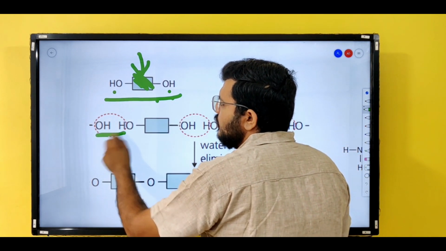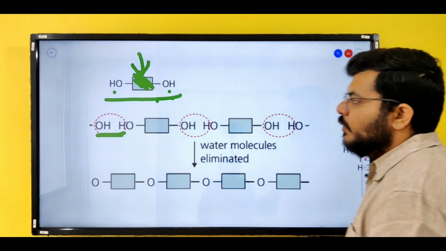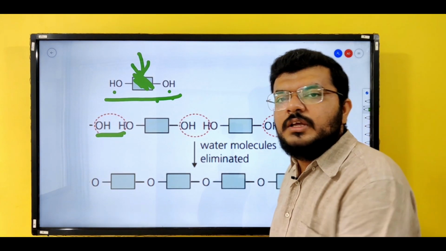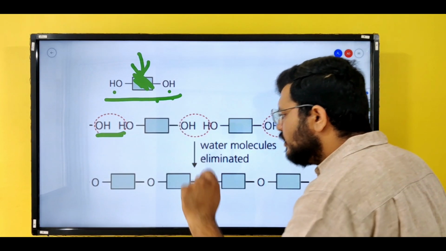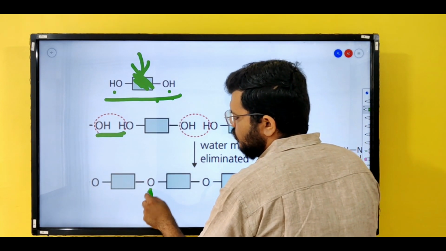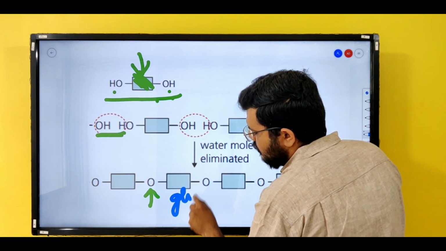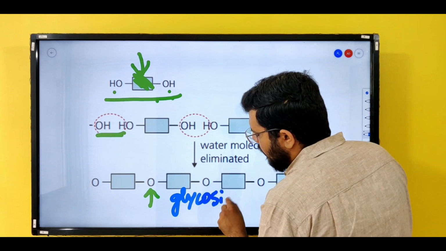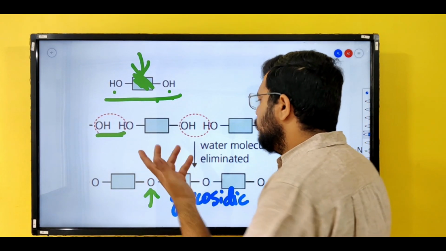In glucose, again H and OH are removed. So what kind of polymerization will this be? This will be condensation polymerization. Now it's not given, but this bond is known as glycosidic bond, right? Not in the syllabus, good to know.